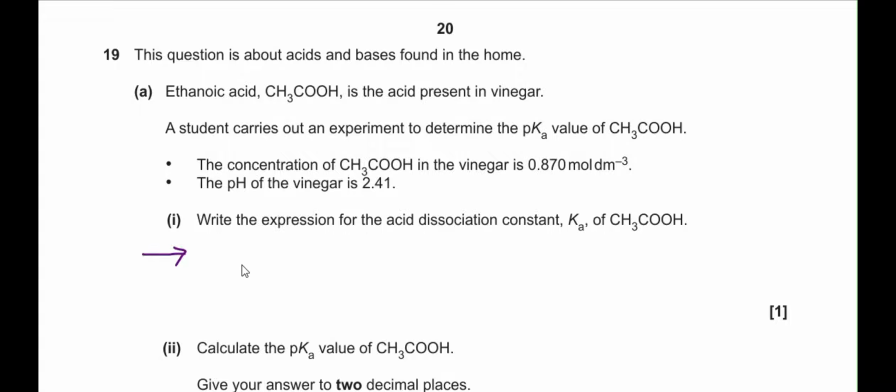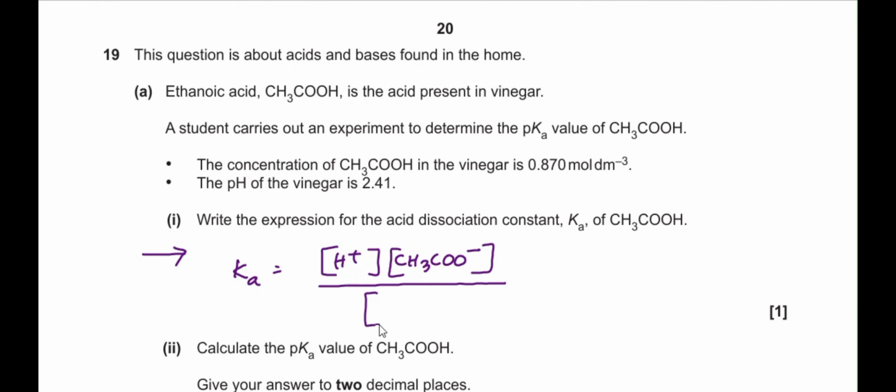And at that point we can write Ka is equal to the product of the concentration of hydrogen ions and the concentration of the conjugate base of ethanoic acid, which is CH3COO minus, divided by the concentration of CH3COOH.